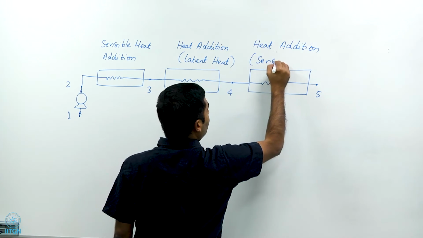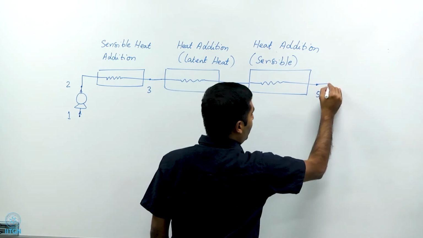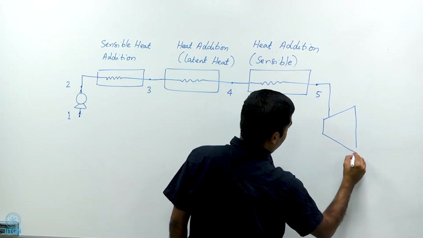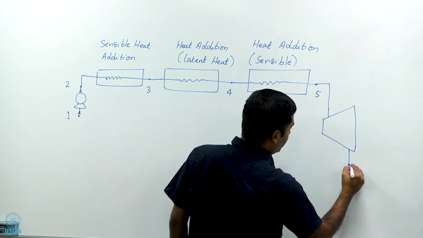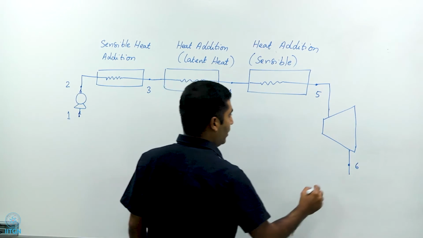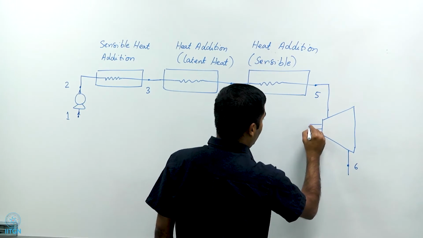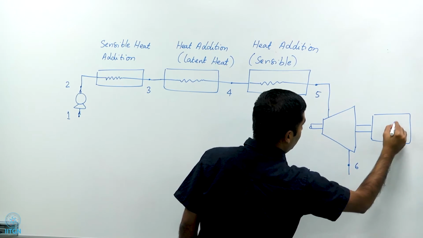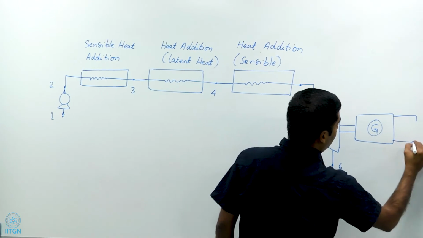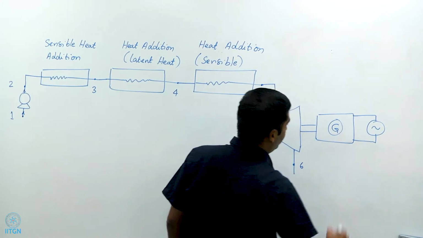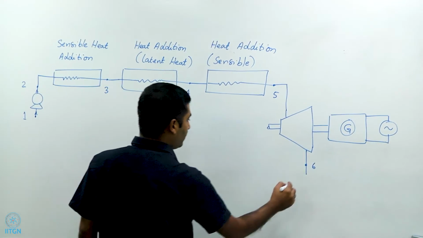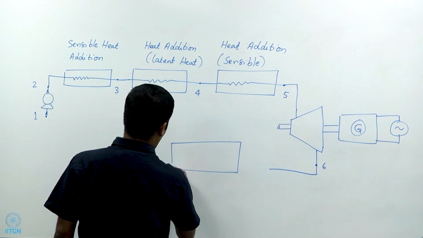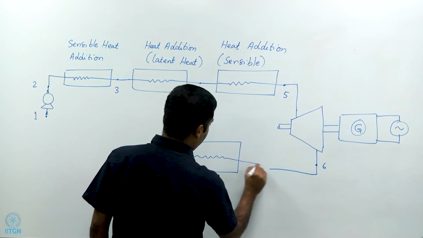This is sensible again, and from 5 we go to a turbine and end up at say state 6, and then this turbine of course does work on a generator typically, and this generator generates the electricity that we use, and this here goes through a heat rejection step in a condenser.